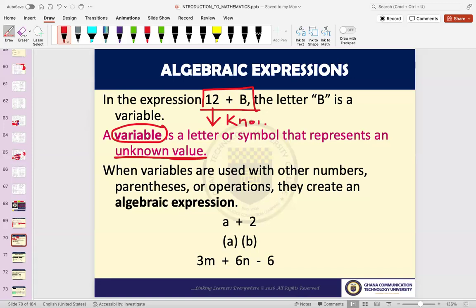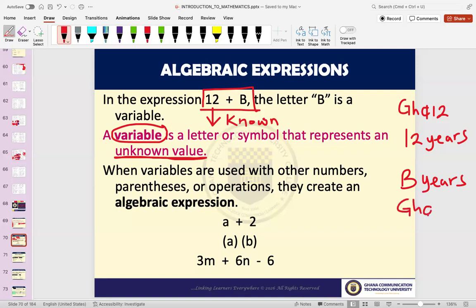When somebody mentions 12, you know what 12 looks like. For example, if I say I have 12 cities, you understand me. If I say I am 12 years, you understand me. But when I say I am b years, or I have b cities, you won't understand me.